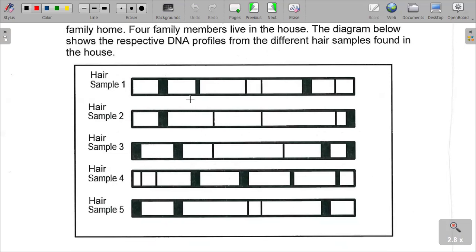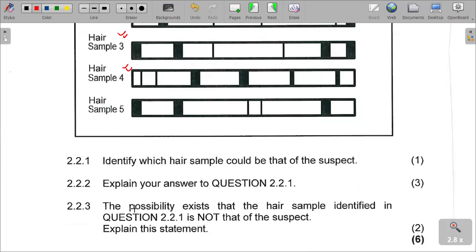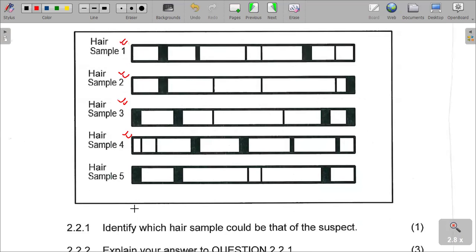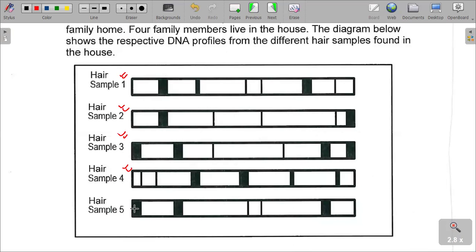We have sample 1, sample 2, sample 3, sample 4, and sample 5. The question is: identify which hair sample could be that of the suspect.